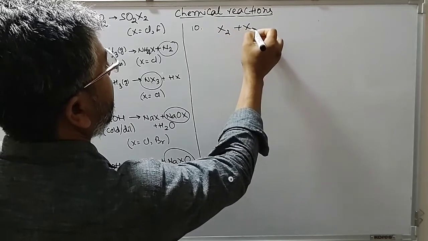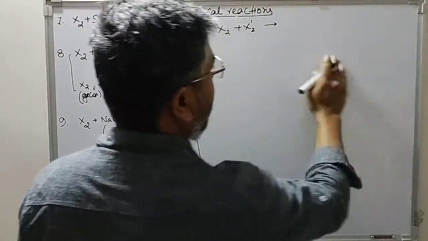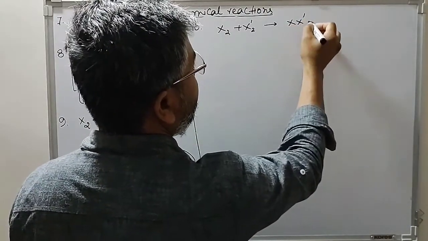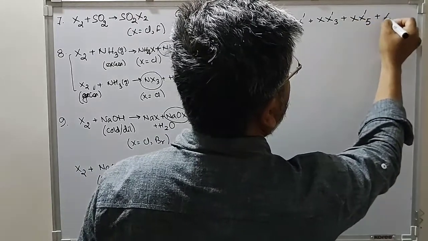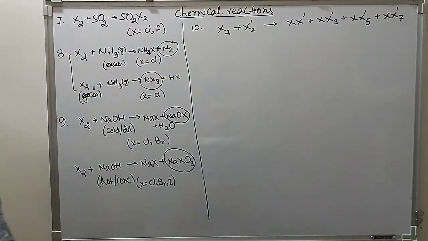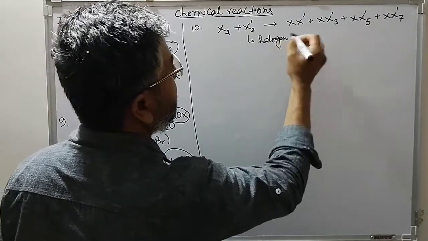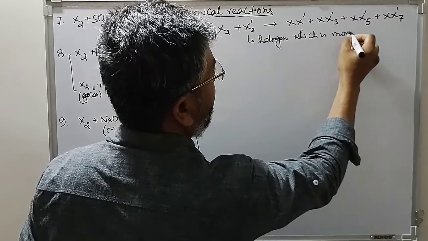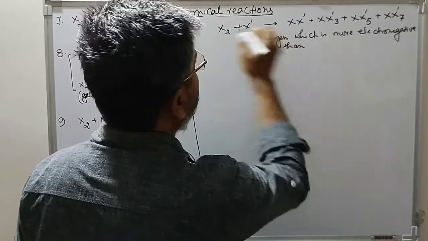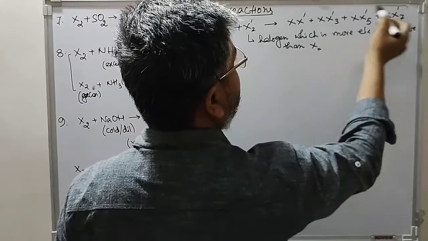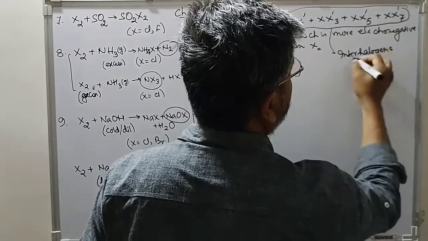Suppose X2 reacts with X prime, this gives you a mixture of inter-halogens, XX prime, where X prime is the halogen which is more electronegative than X. These compounds are known as inter-halogens.